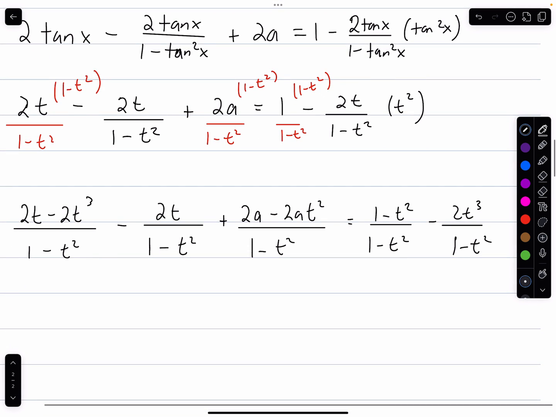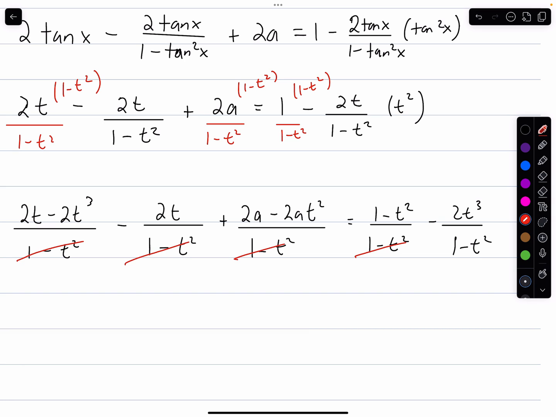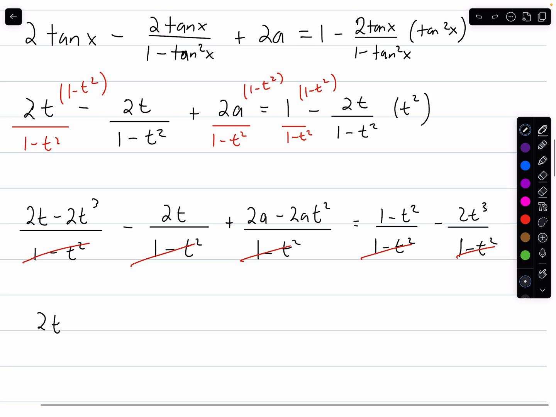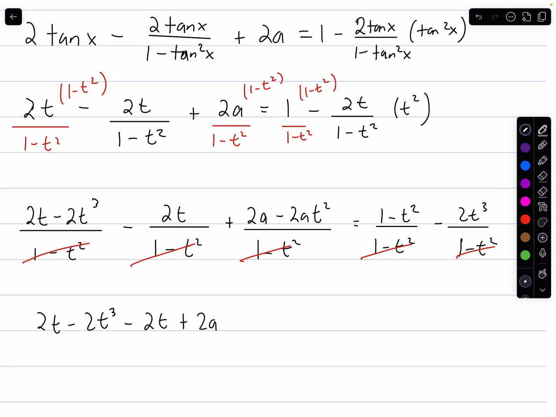Cool. Now that I got this, because they're all under 1 minus t squared, I can really just cancel out all of these denominators and just deal with the numerators. So let's rewrite it. We'll get 2t minus 2t cubed minus 2t plus 2a minus 2at squared is equal to 1 minus t squared minus 2t cubed.